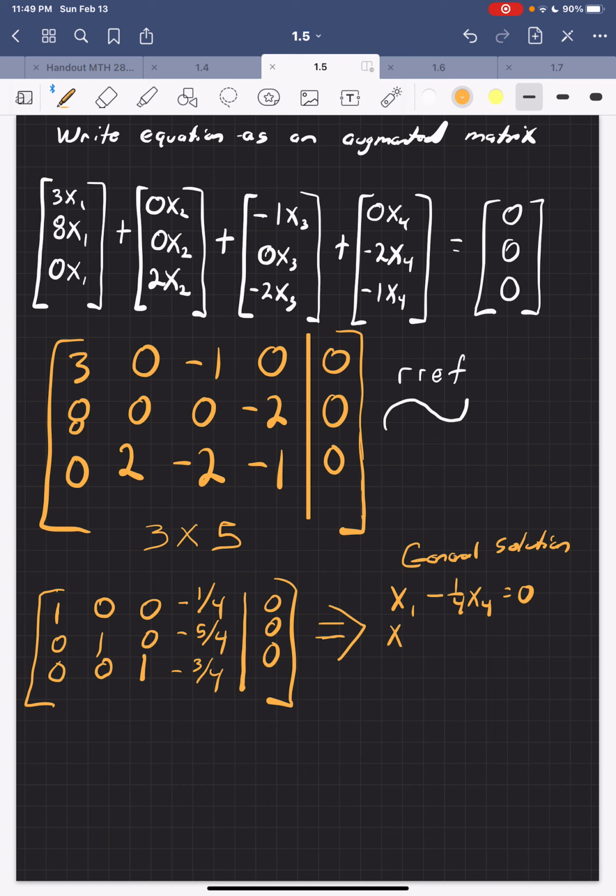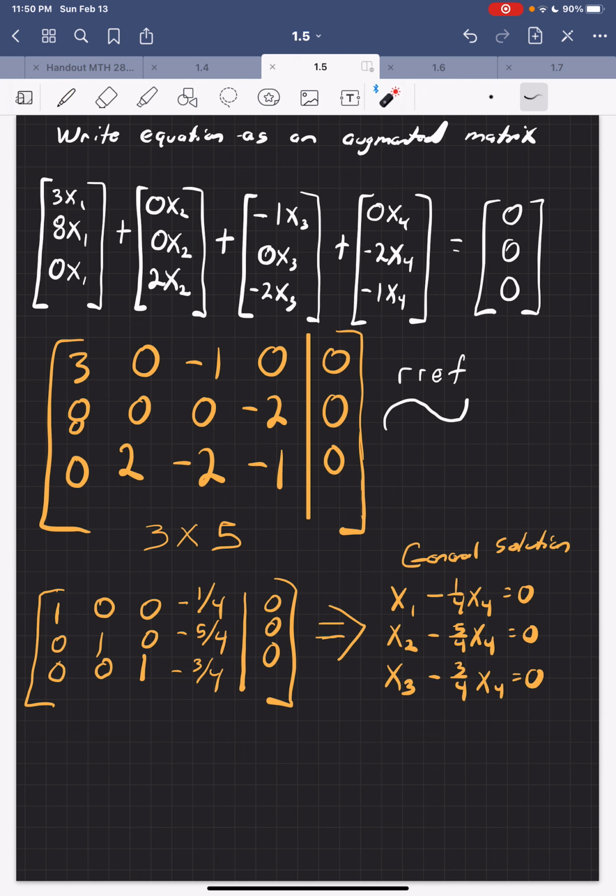X sub 2 minus 5/4 x sub 4 equals 0. X sub 3 minus 3/4 x sub 4 is equal to 0.